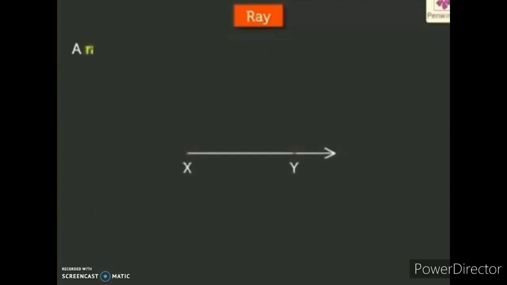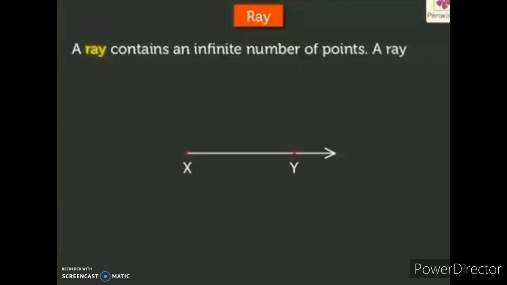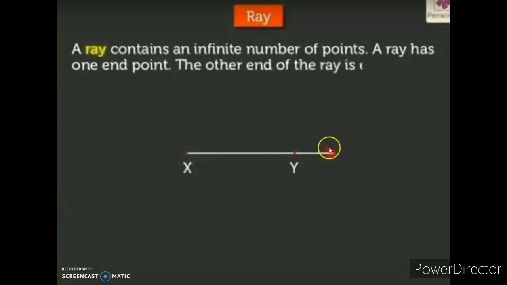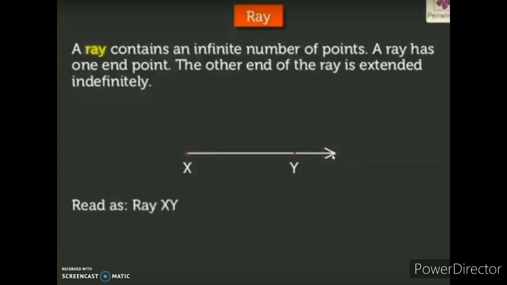Next is your children ray. So ray also contains infinite number of points. A ray has only one end point. The other end of the ray is extended indefinitely. We read it as ray XY, and symbolically we can represent it as ray XY.